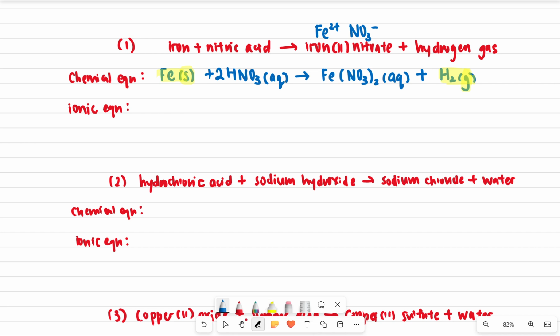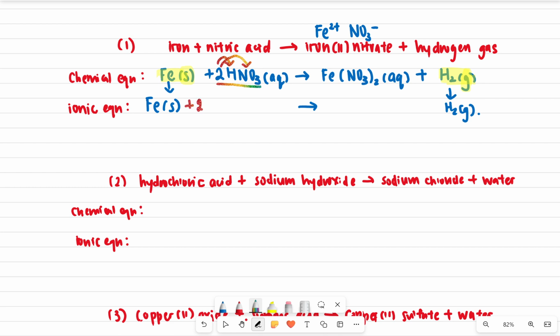So I'm going to rewrite these. Fe in the solid state, and it's going to give me H2 in the gaseous state. This doesn't change. What changes are those in the aqueous state. So we're going to rewrite those in the aqueous state in terms of their ions. So if it's 2HNO3, it means I have 2 H+ ions and 2 nitrate ions.